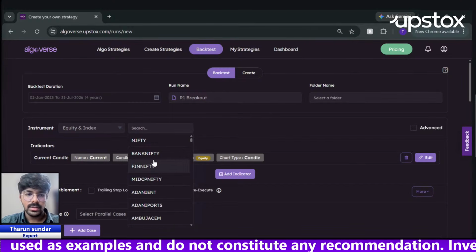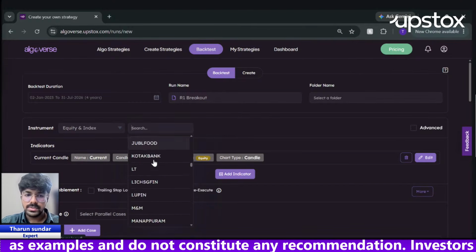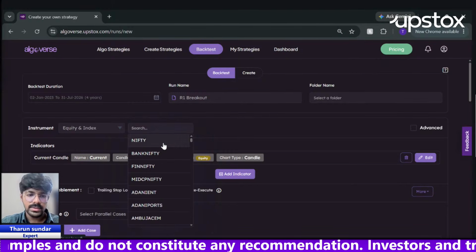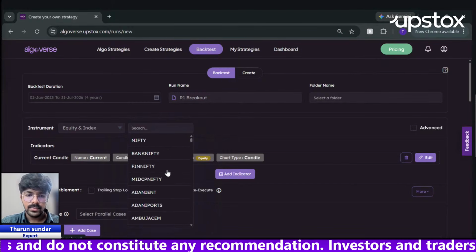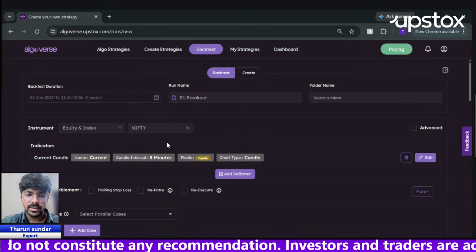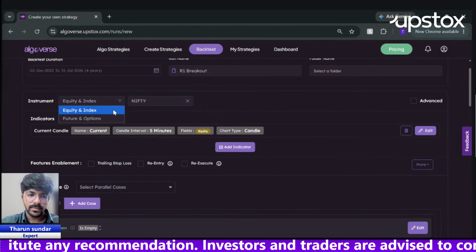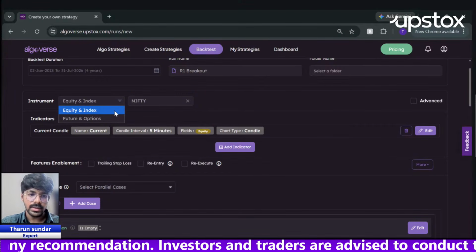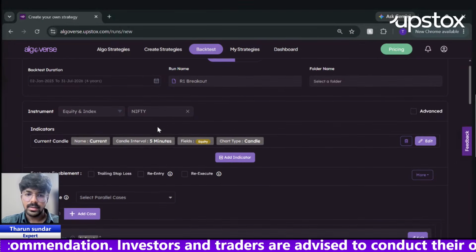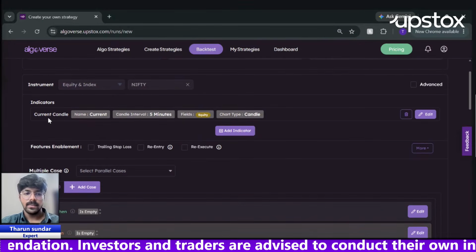Here I'm choosing what instrument I want. In Algoverse, we have all the major indices and F&O stocks. So I'll select Nifty here, and I want my conditions to work on the Nifty spot, so I'm choosing equity index. And this is where it's getting interesting.